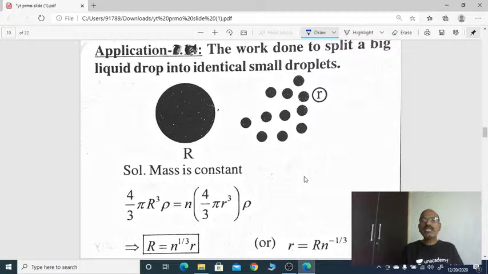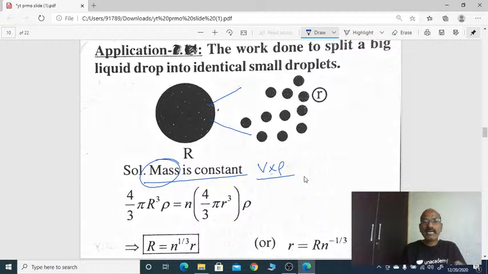What is the work done to split a big liquid drop into identical small drops? The bigger drop, if you want to split it into a large number of smaller drops, the volume remains constant. Mass is constant, and mass equals volume into density.